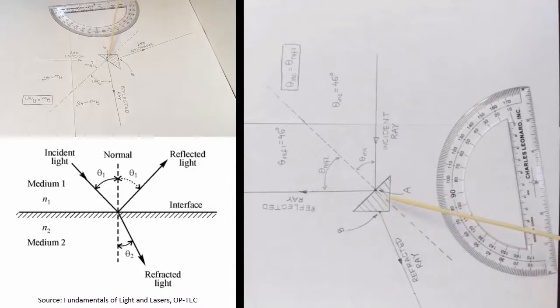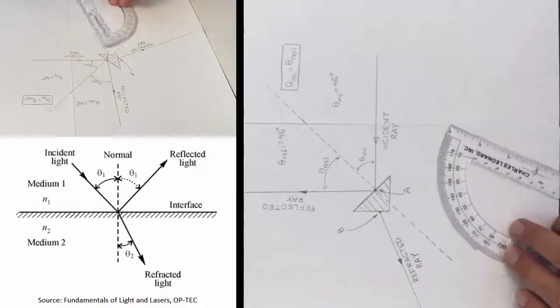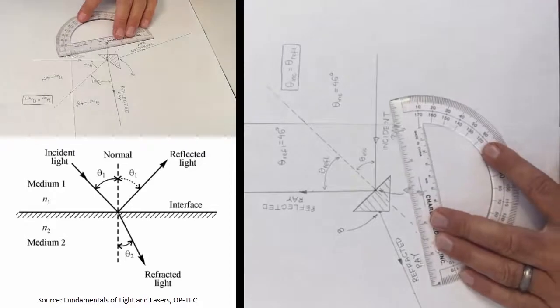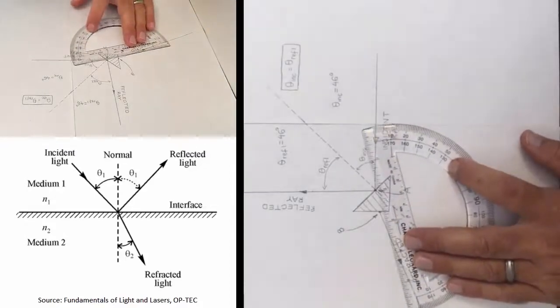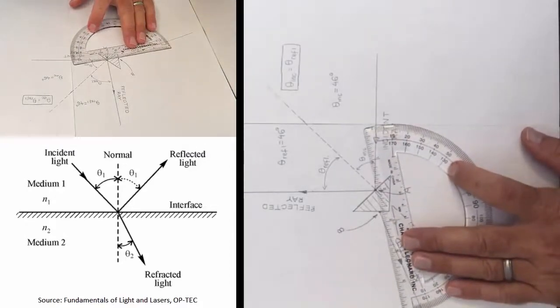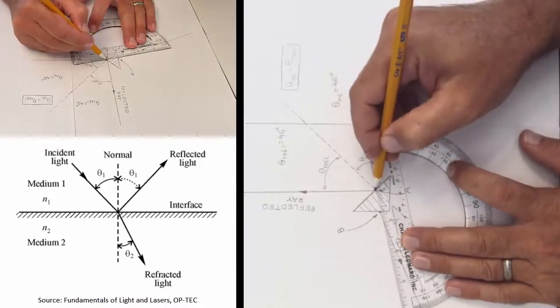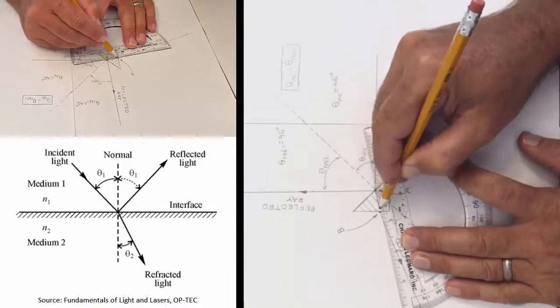So we are going to pick the point A, and for the point A, we also want to create another refracted, or you may call it a primary refracted ray, and that is going to be the ray that's passing through the medium of the prism. So by connecting the points A and B, we are going to create that refracted laser beam.